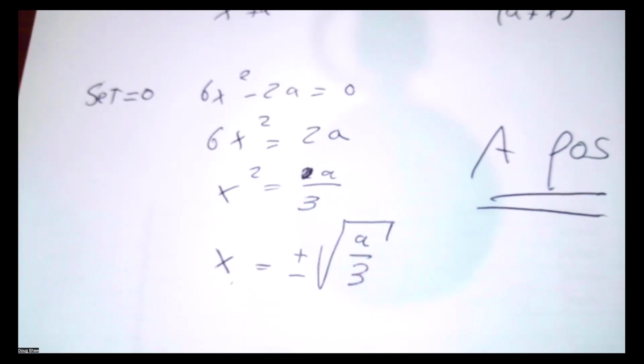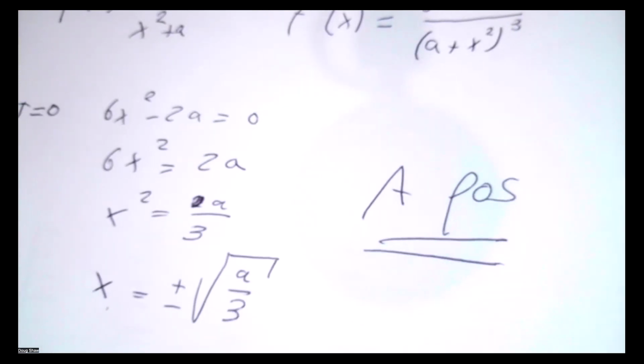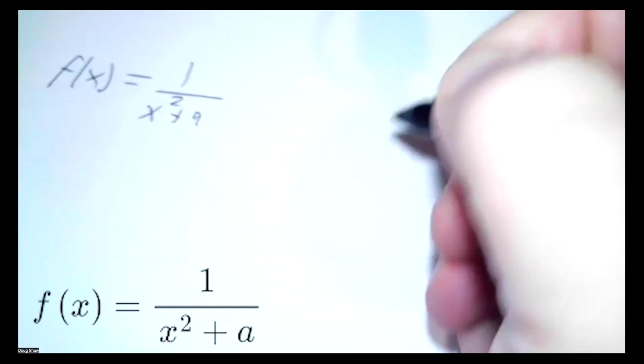So let's look at what's happening when a is negative. This is a is positive. For a is negative, I still have f of x equals 1 over x squared plus a.